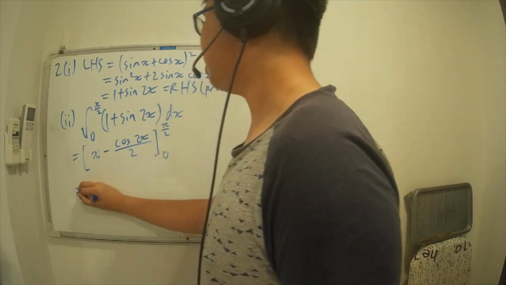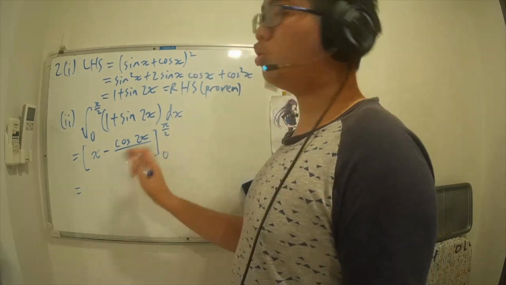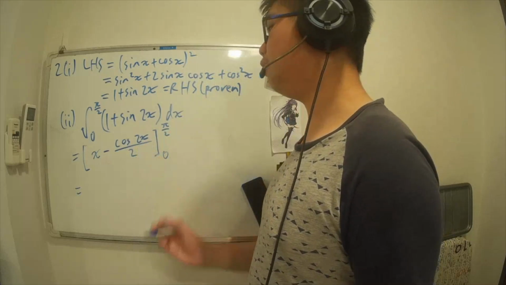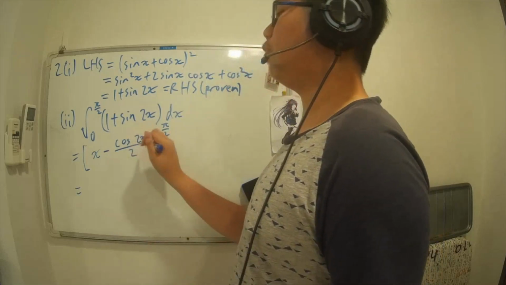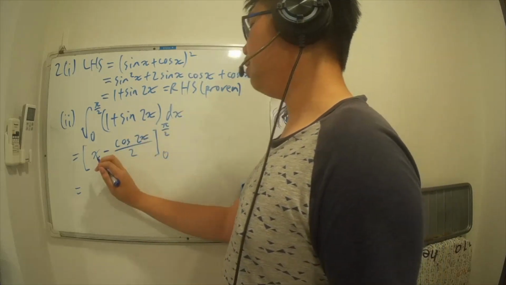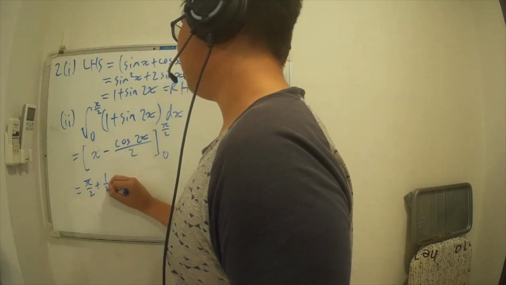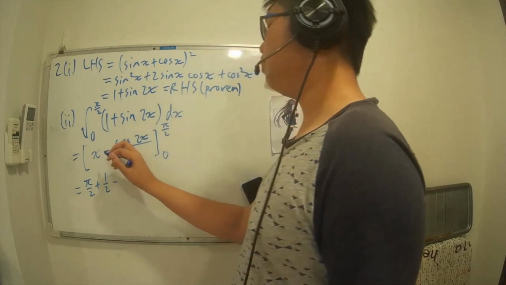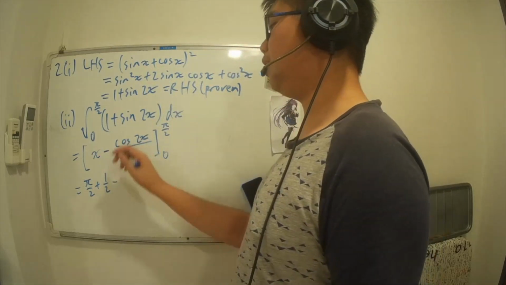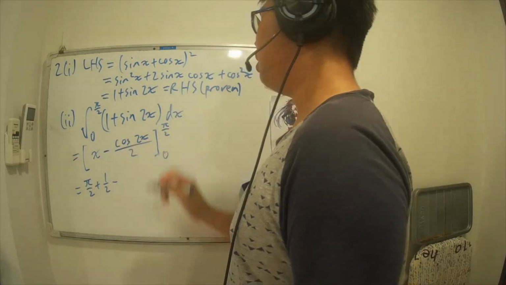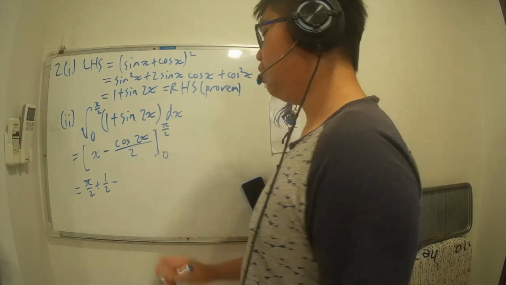Alright, and then let's do this. At pi over 2, cosine pi is negative 1, so this side will be half plus half, and then this is pi over 2 plus half, and then minus the value at 0, but this becomes a positive because of the minus here. Cosine 0 is 1, so this is half.